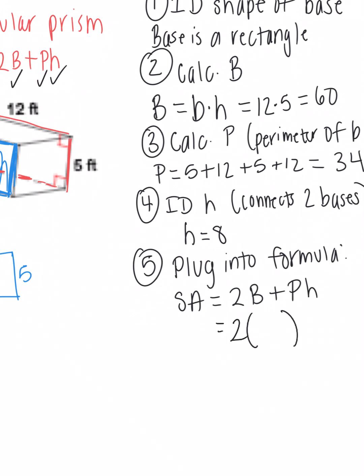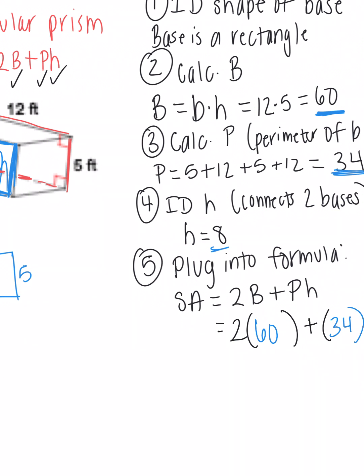My B was 60. That's what we calculated up here. My P, my perimeter, was 34. So I'm going to put that in here. And then my H was 8. So I'm going to plug that in here.